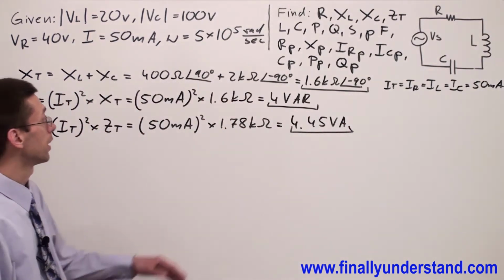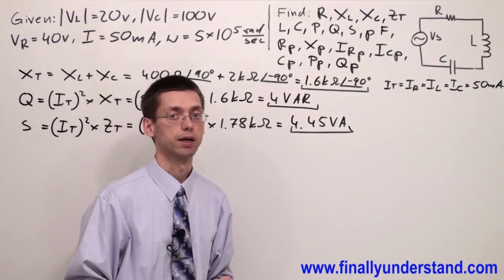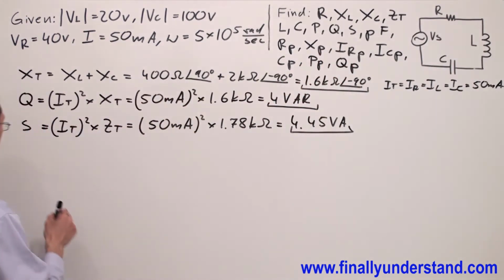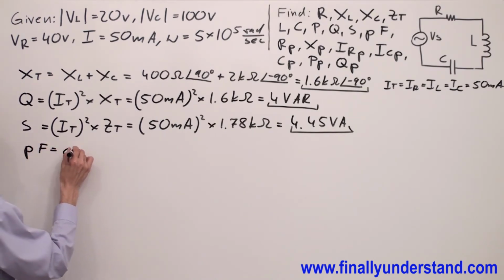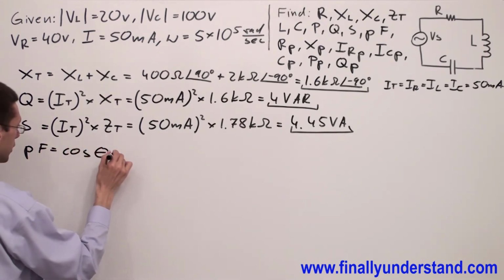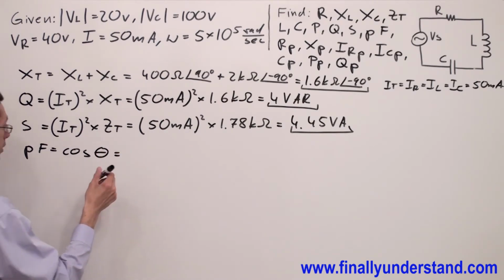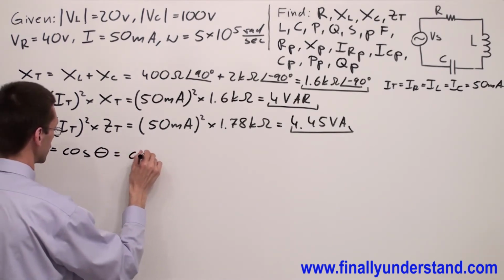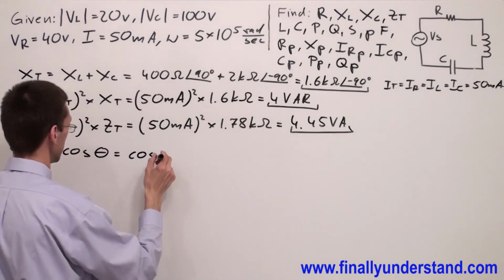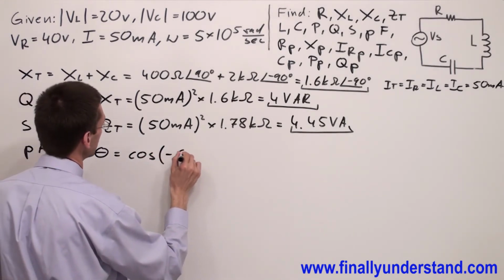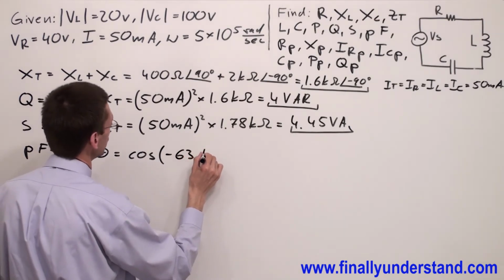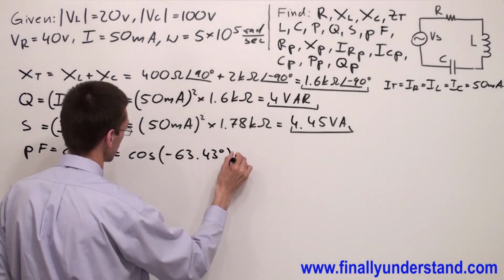Now we are ready to find the power factor. Power factor is equal to cosine of angle theta, the angle which is next to Z total. So I have cosine of the angle negative 63.43 degrees.